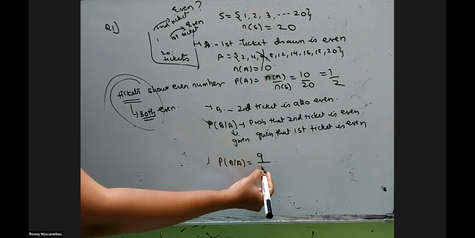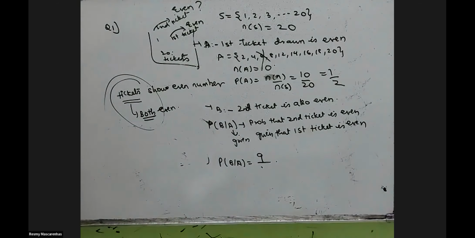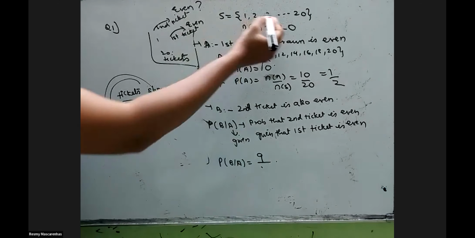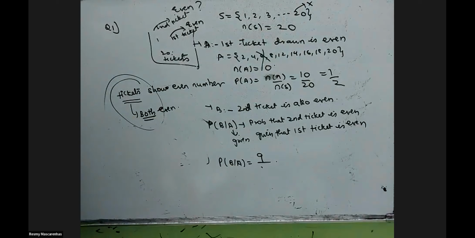So this will be 9 out of the sample space. So 9 even. Now out of the whole 20, one ticket is gone.